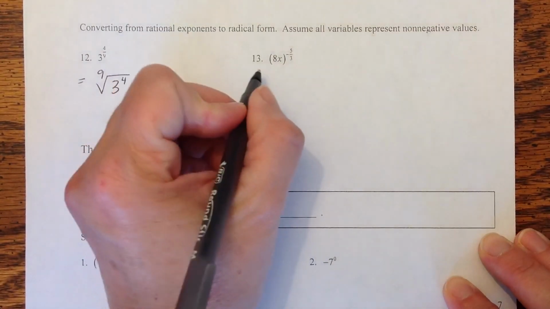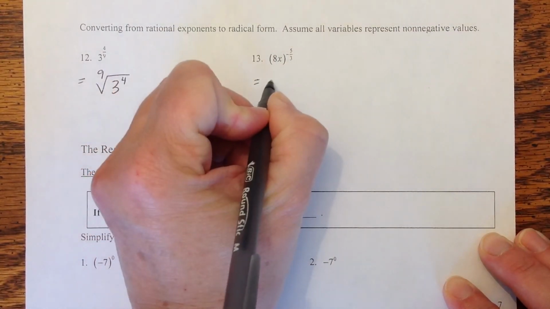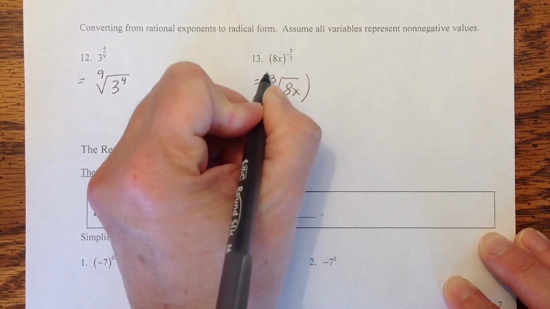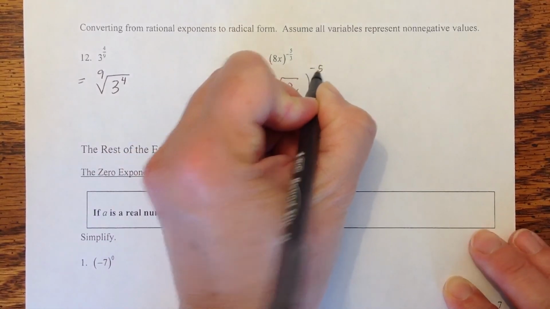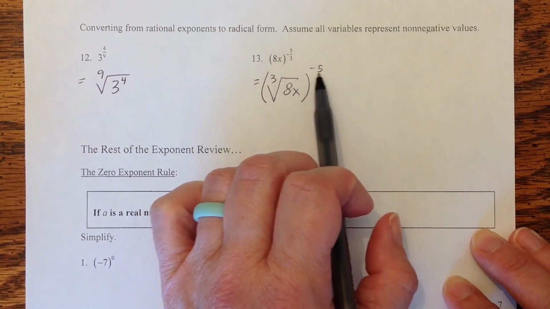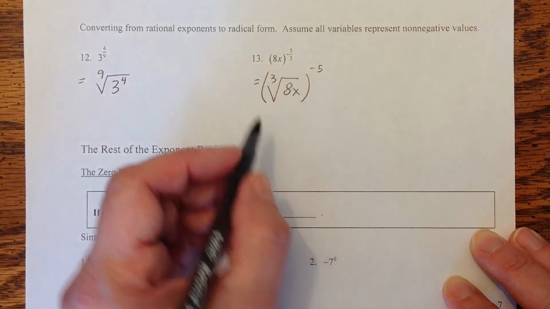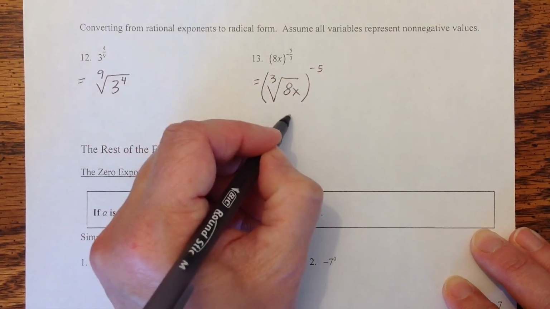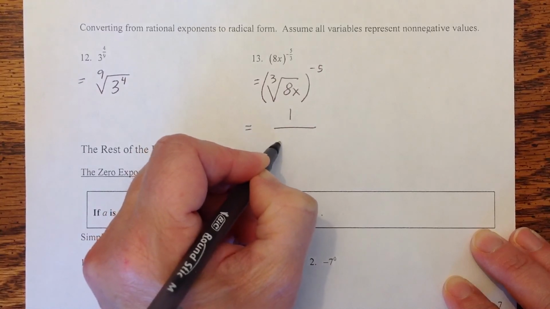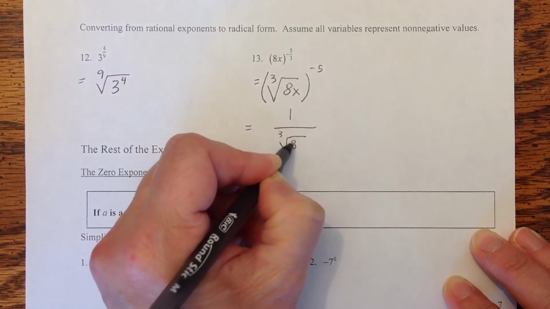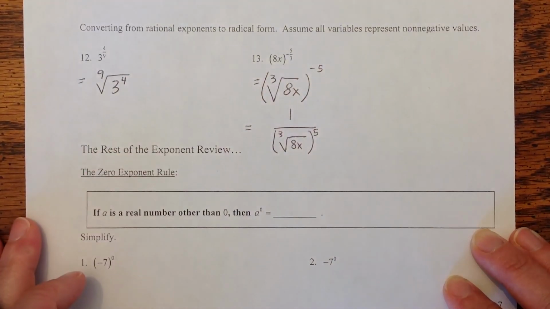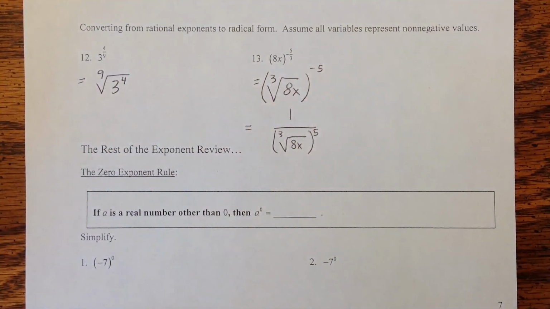This one here would be the cube root of 8x to the negative 5th power. And it says, again with a negative exponent, we would want to fix that. So we get 1 over the cube root of 8x to the 5th power. We would drop it below the fraction bar.